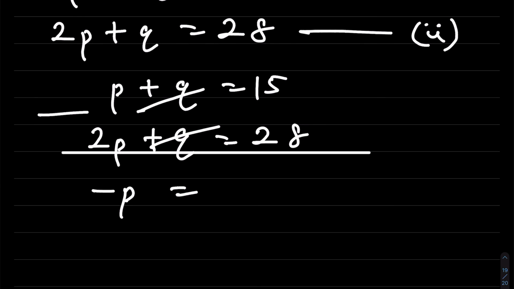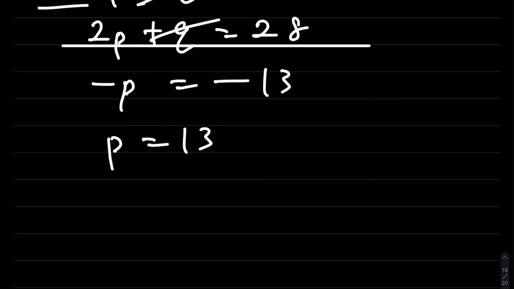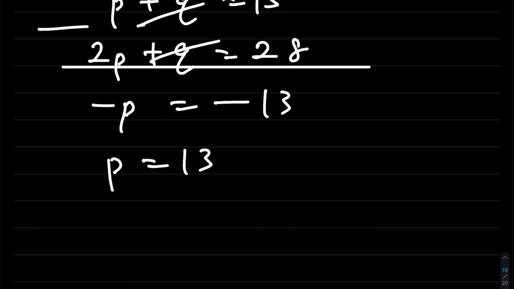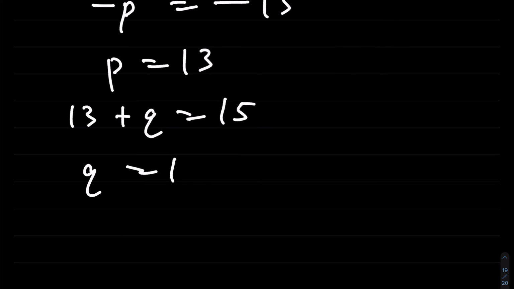Minus p equals 15 minus 28, which is minus 13, and that simply means p equals 13. Now I'm going to put p in equation 1 to find q. That means 13 plus q equals 15, which means q equals 15 minus 13, and that means q equals 2.